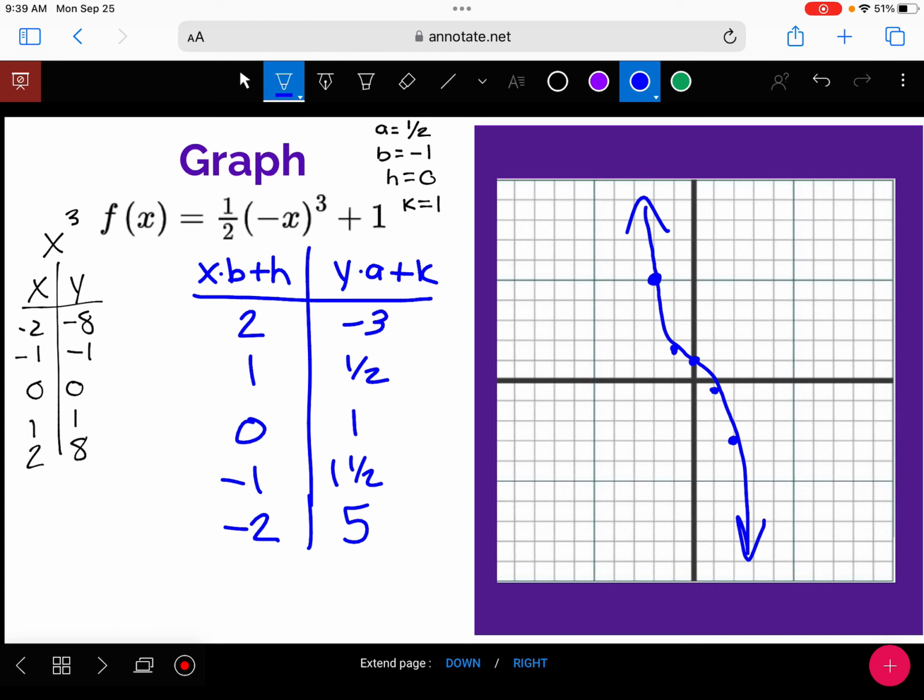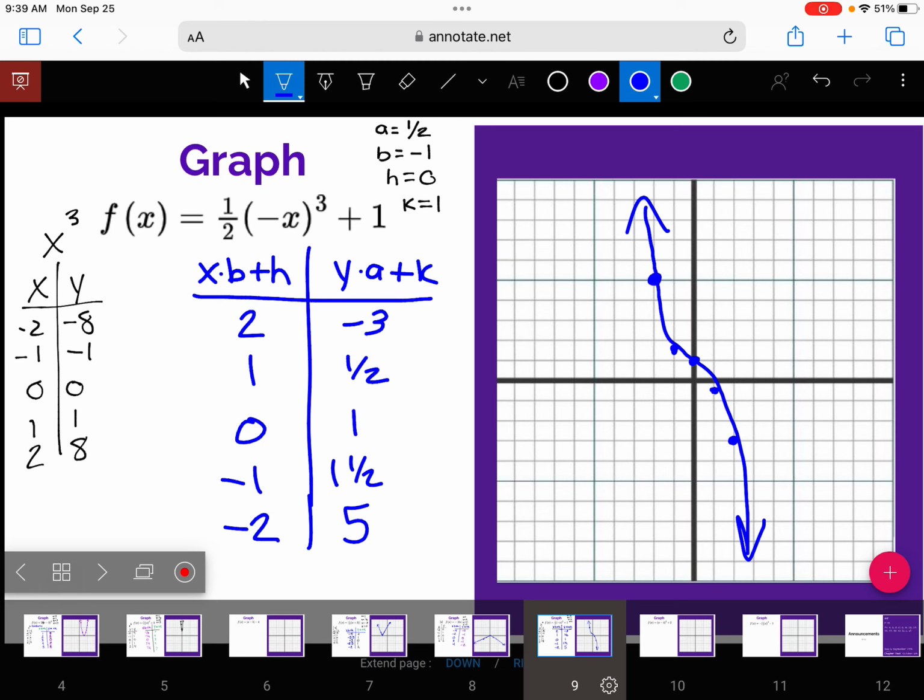It flipped that way. You had a vertical compression, and it shifted up 1, looking at our transformations. Yes, you see it?